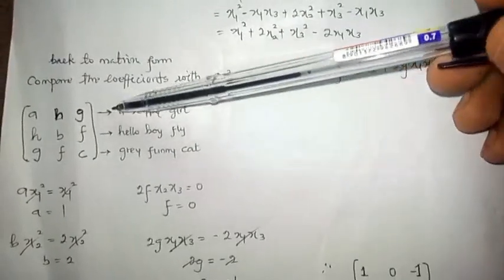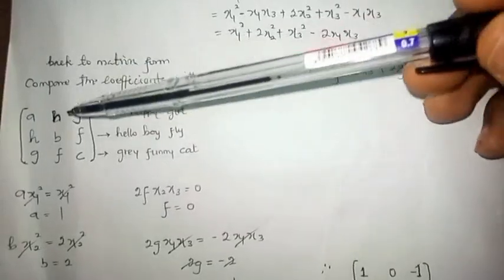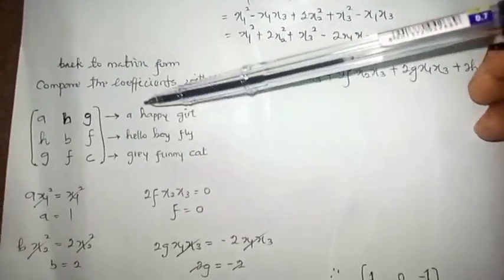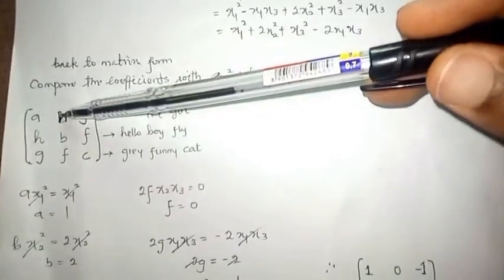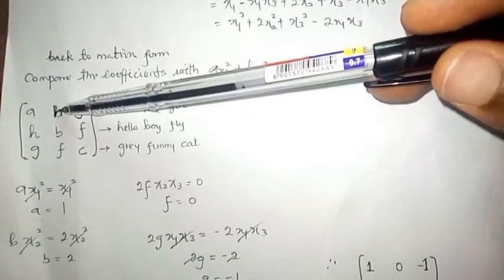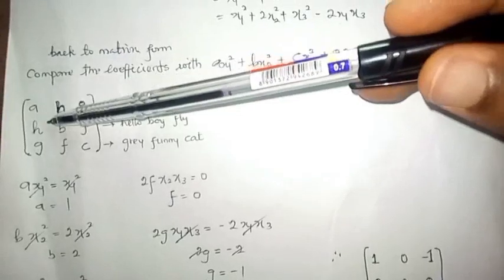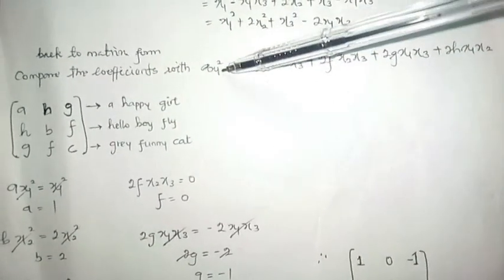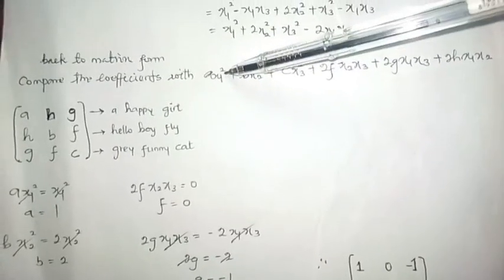So I got to make use of the acronym: A happy girl, hello boy, fly, gray funny cat. That if you're making mistakes or having issues on where to fix these variables A, H, and where to represent them properly. So we also looked at, we had to compare them with the coefficients.